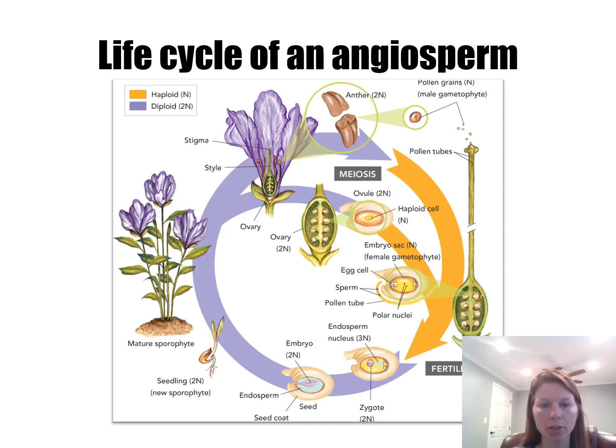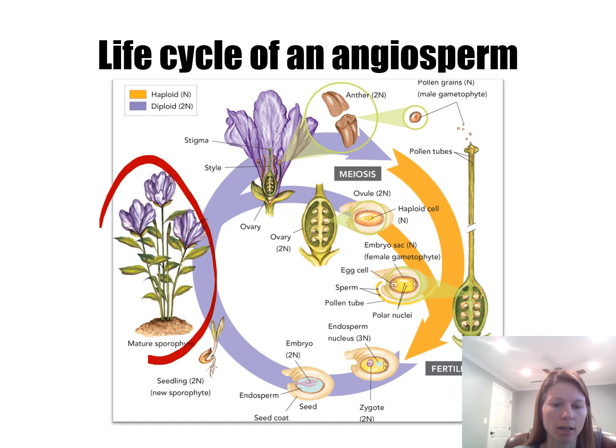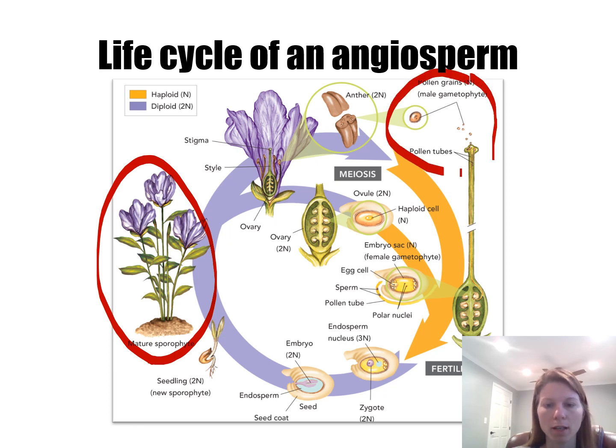This is the life cycle of an angiosperm, and I don't think you need to memorize this entire thing. I just think it's nice to reiterate that the sporophyte, which is diploid, is the dominant phase for angiosperms, and then the gametophytes are going to be the sperm and essentially the ovules, even though that's not technically correct.